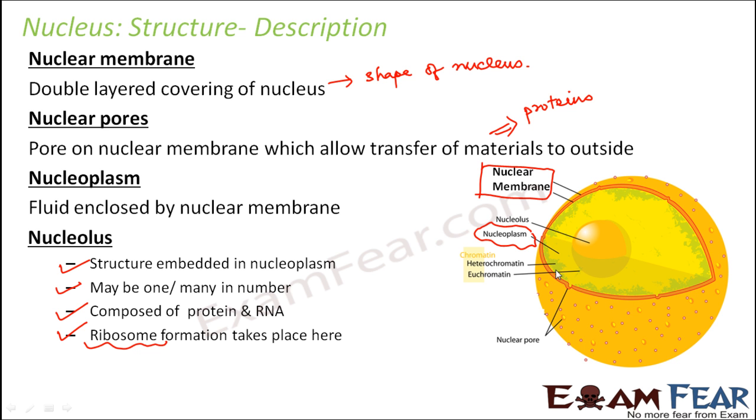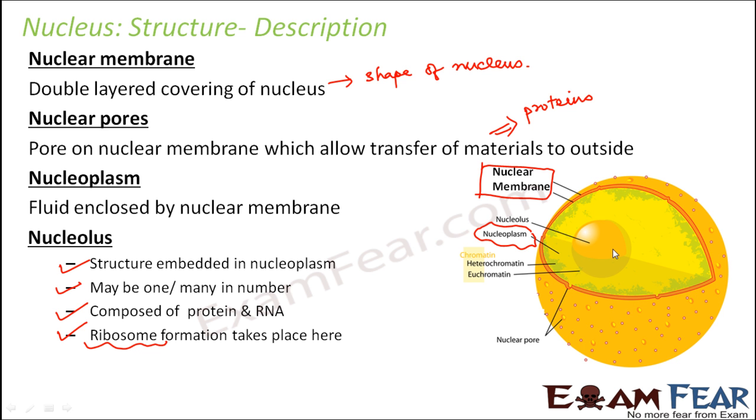You will learn about the concept of protein synthesis in your senior classes. If you want to really learn about it, you can refer to the biology videos of class 12, where I have discussed protein synthesis in more detail. For now, you can just understand that the nucleolus is a very dense area which contains the protein-RNA complexes that are being formed.